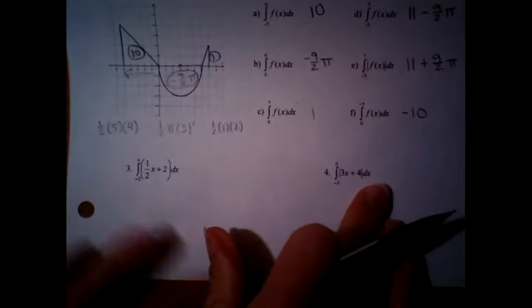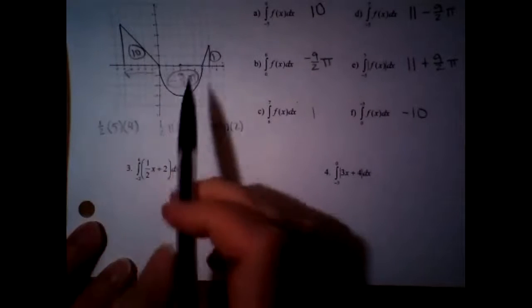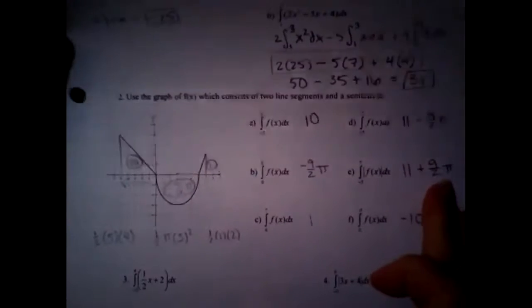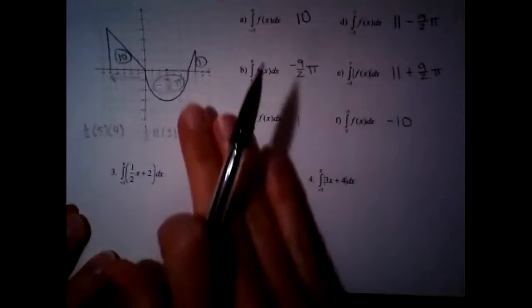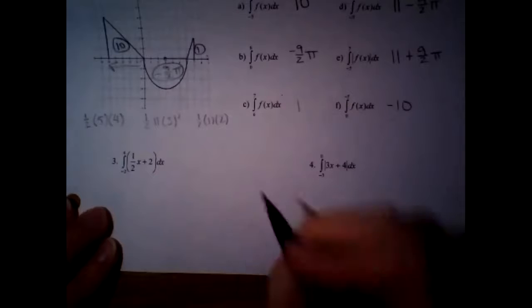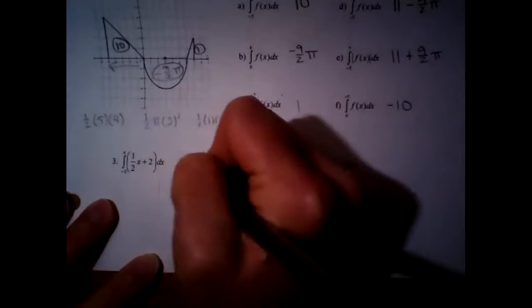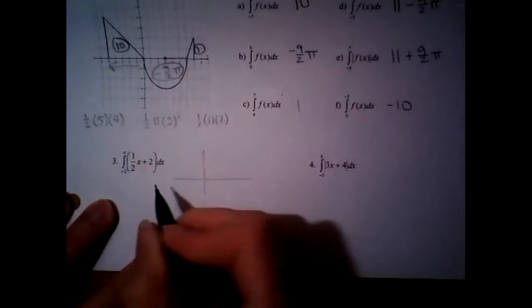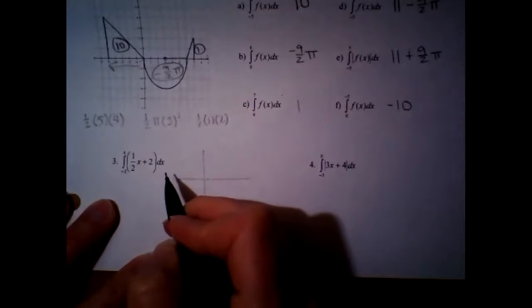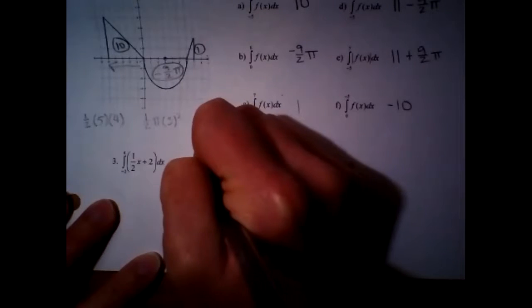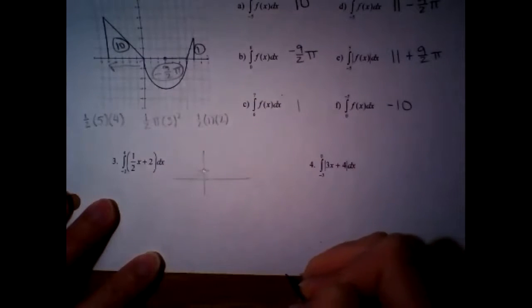So these ones, now you have to draw the graph yourself and then do the area. Here I gave you some of the answers. Here we had to find them ourselves. Here you're going to have to draw the graph yourself as well. All right, so let's draw a graph for this. 1/2 x plus 2. So we're going to start with our y-intercept at 2.